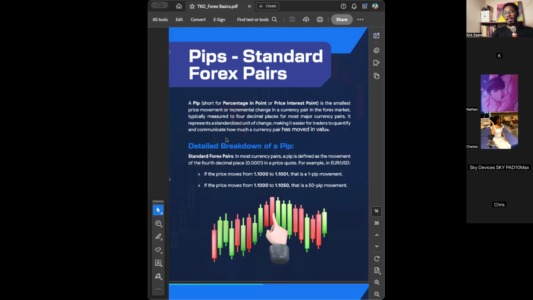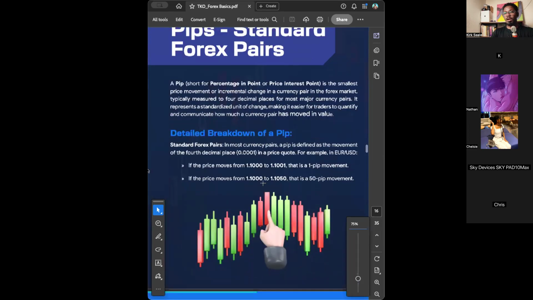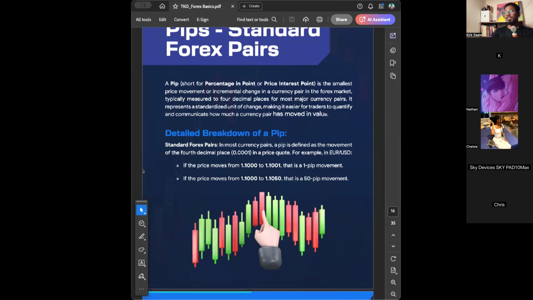Now, if we are looking at standard Forex pairs, the numbers tend to look something like this on the screen, right? There's one number before the decimal point, and then there are 4 to 5 numbers after the decimal point. That is how it would show up when we send out the signal.